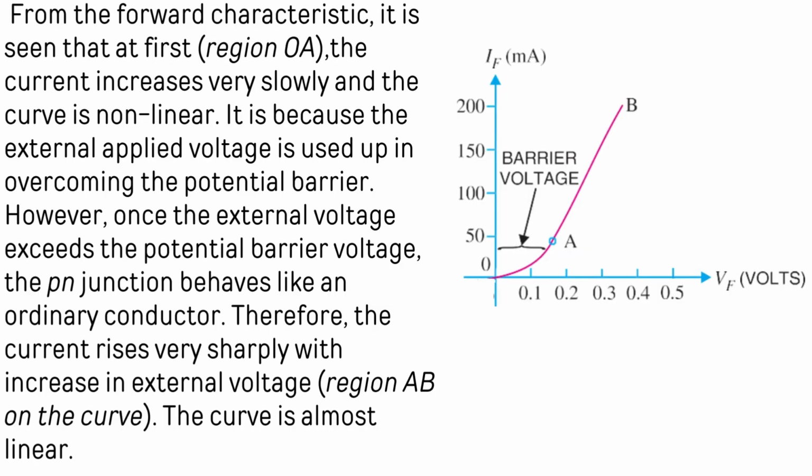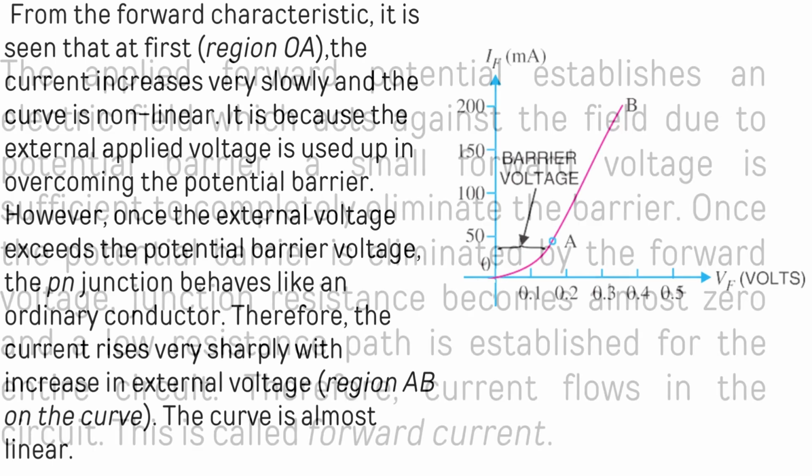From the forward characteristics, it can be seen that in the first region OA, the current increases very slowly and the curve is non-linear. It is because the external applied voltage is used up in overcoming the potential barrier. However, once the external voltage exceeds the potential barrier voltage, the p-n junction behaves like an ordinary conductor.